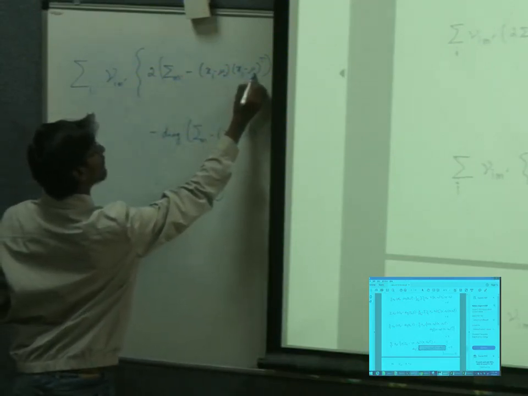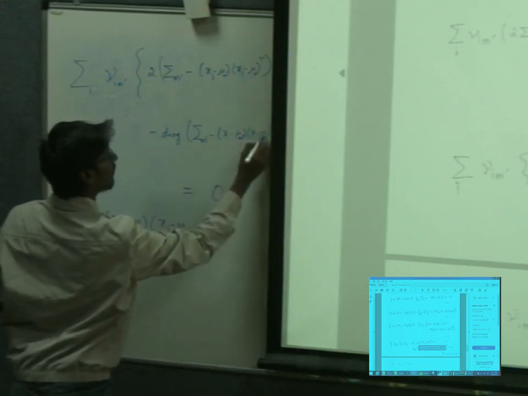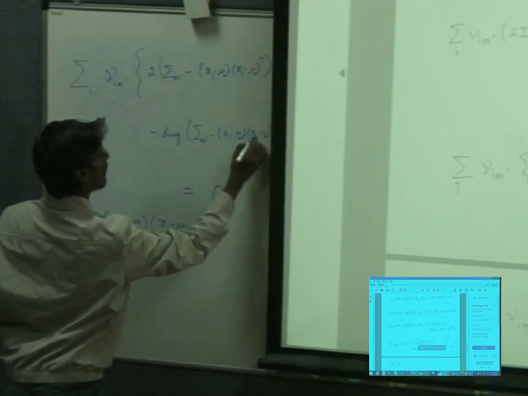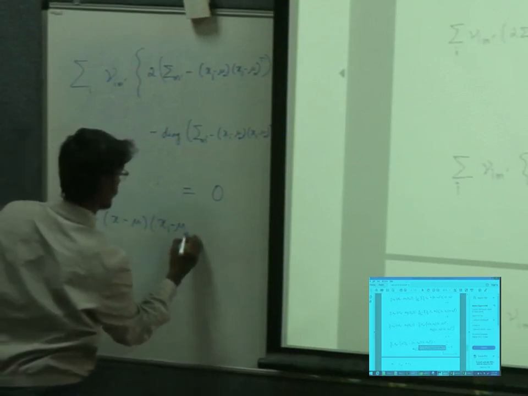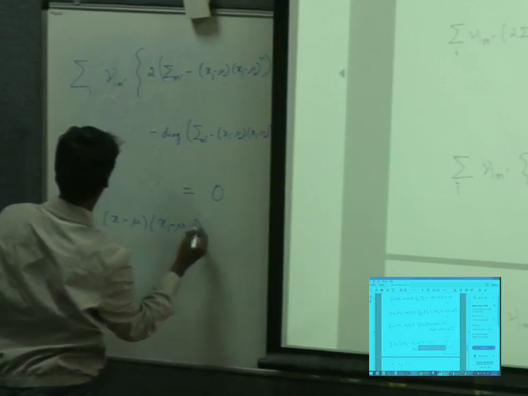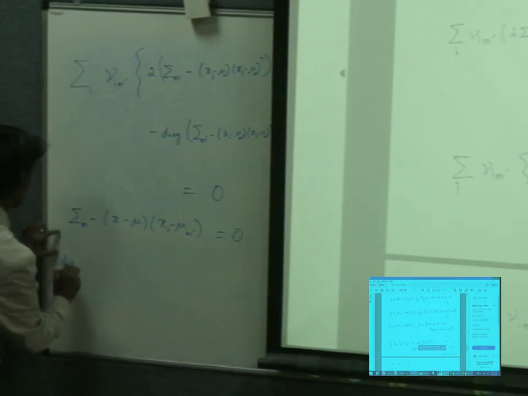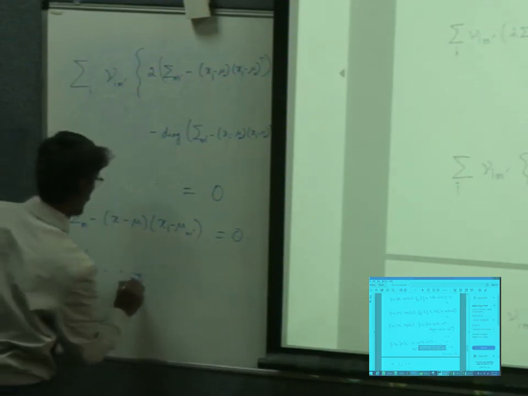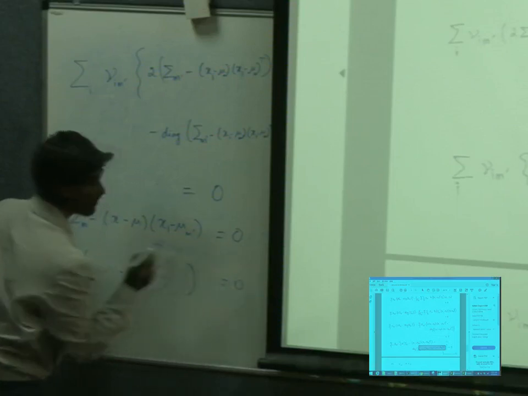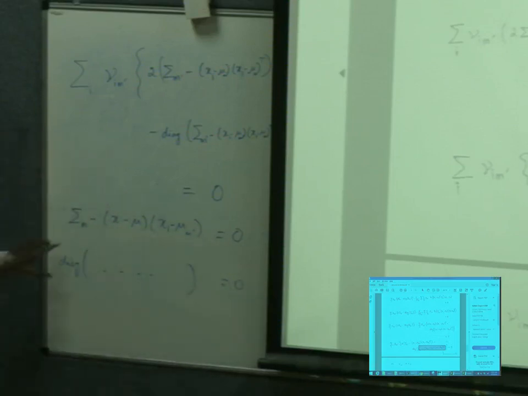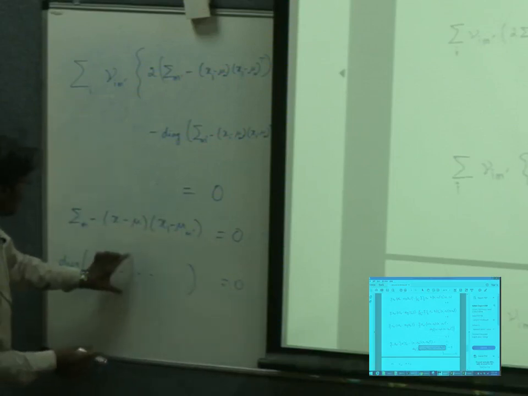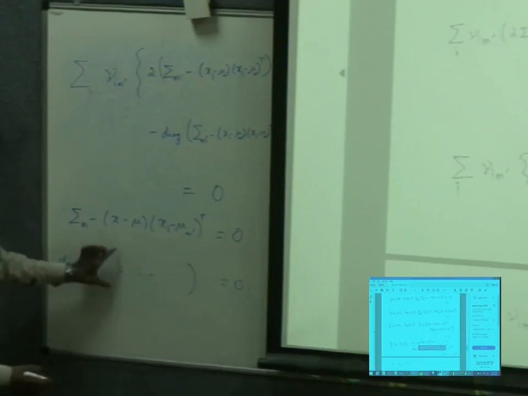Whatever the m dash should be equal to 0, and its diagonal is also 0. Whatever the things you have, just repeat it here, its diagonal is also 0.